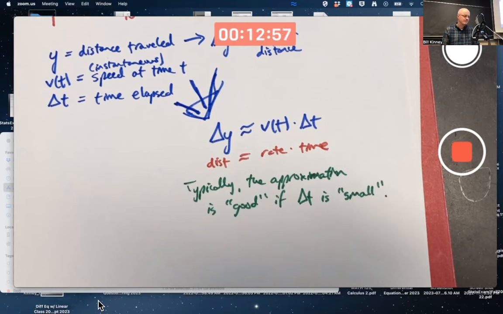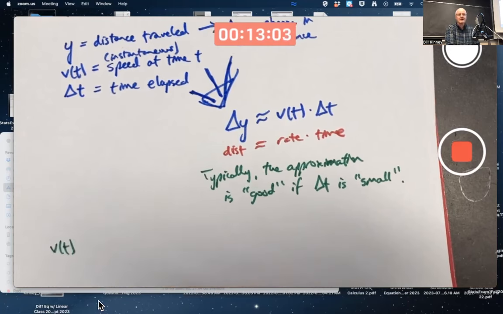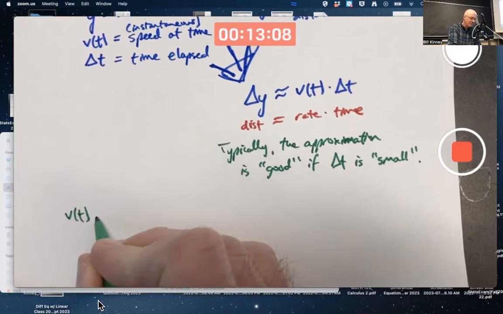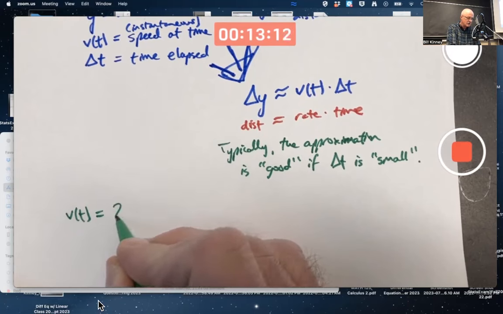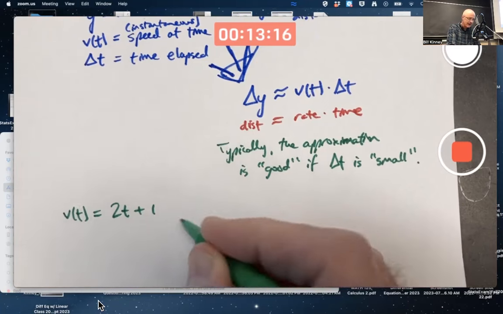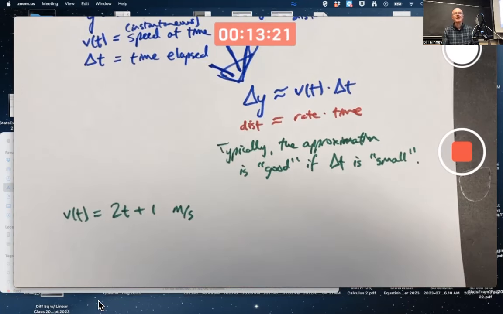Let's do an example. Well, let's do an example that's not constant, but is still linear, just to still keep things simple. V of t is, let's say, 2t plus 1. So this is my speed in, say, meters per second at time t.